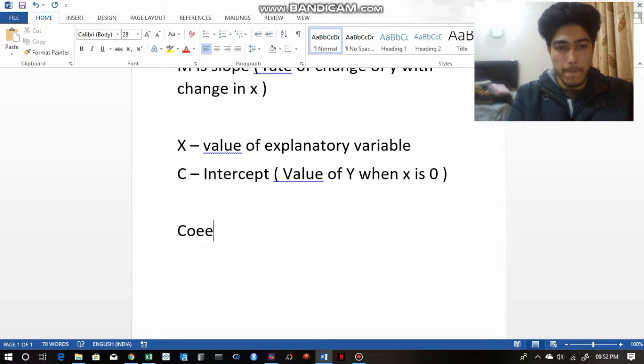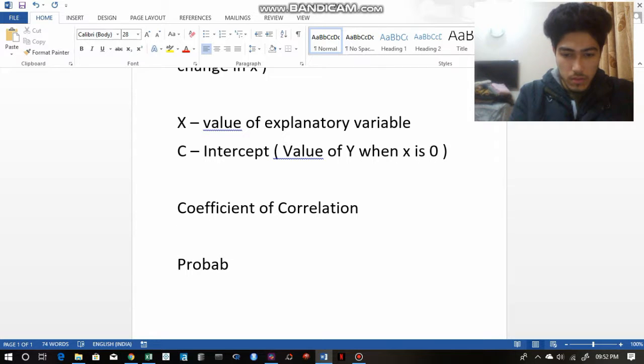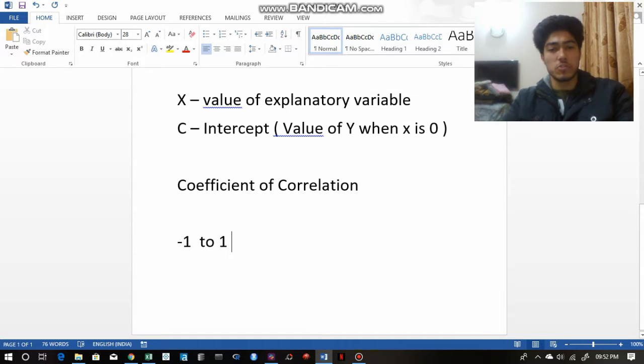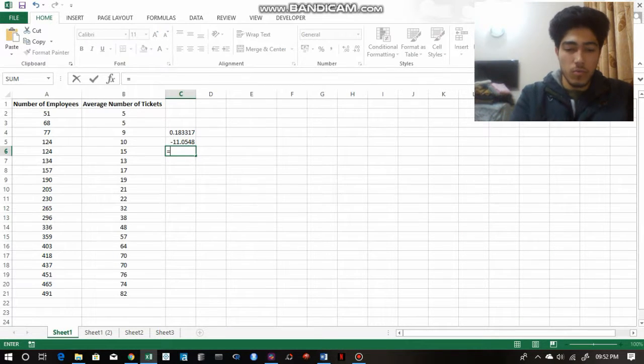Its value lies between -1 and 1, and if the value is closer to 1, it means our model is a very strong model, and if its value is approaching 0, then our model is weak. To calculate the coefficient of correlation, we have the formula equals CORREL.